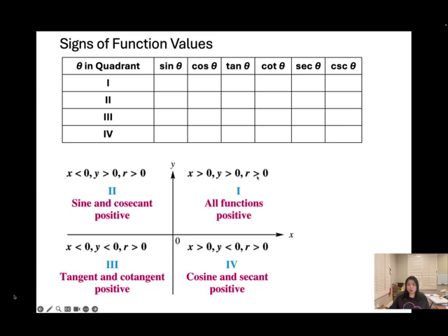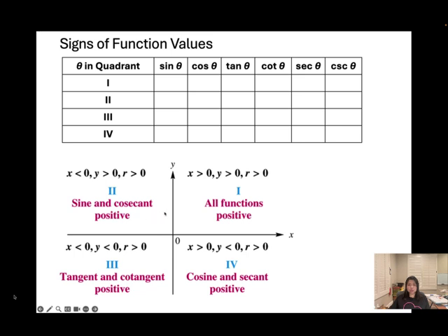And r is always greater than 0. In quadrant 2, the x-axis is over here, so x is less than 0, negative. y will be positive because it is still above the 0.